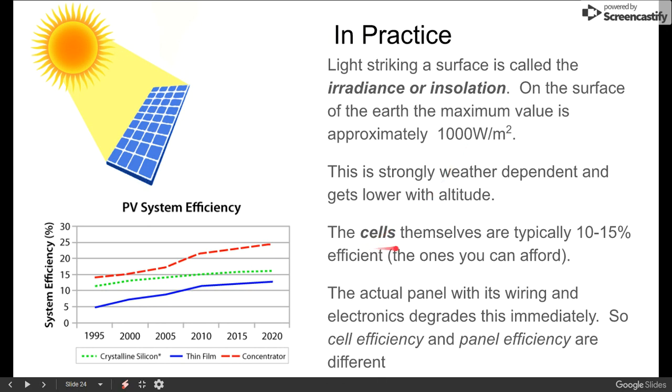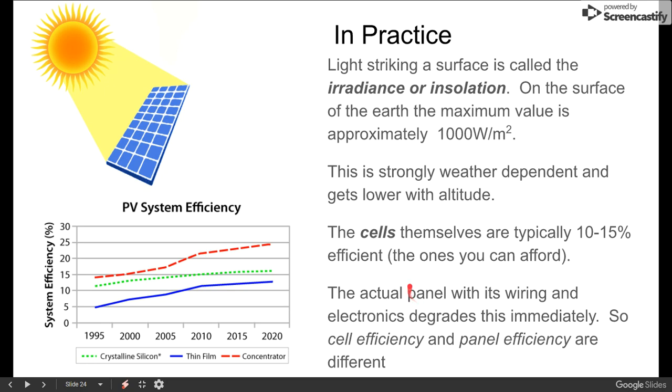The cells themselves are typically 10 to 15% efficient. They are getting better by quite a bit as time goes on, like significantly better. Some of them have doubled their efficiency over time. But when you take one cell and you wire it up to a panel, you lose some efficiency as well.